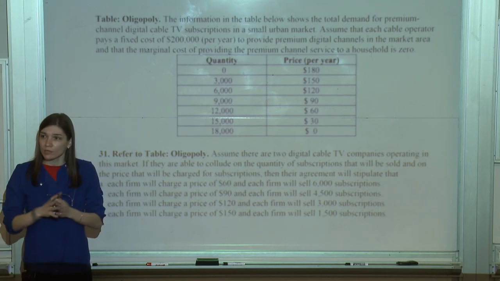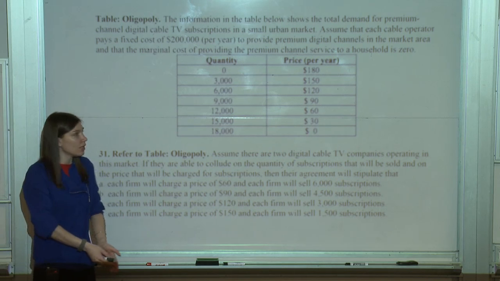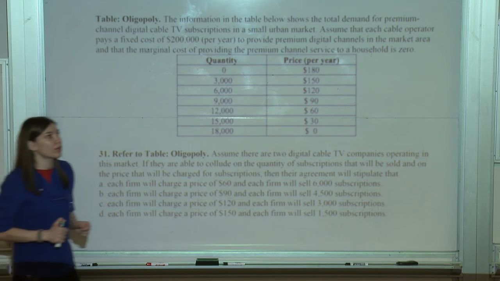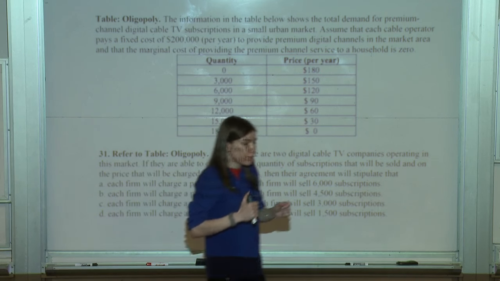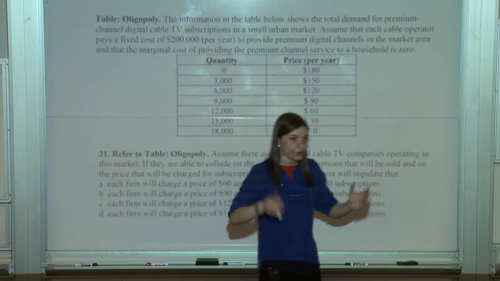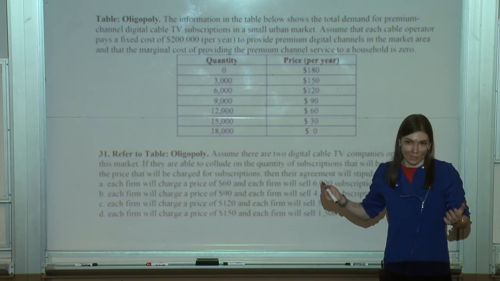All right, so now we're allowing them to talk to each other and to commit to a certain strategy. All right? And when they do so, they would behave like one firm. Because they're colluding, even though it's 2 firms, they will behave like a monopolist, in other words.